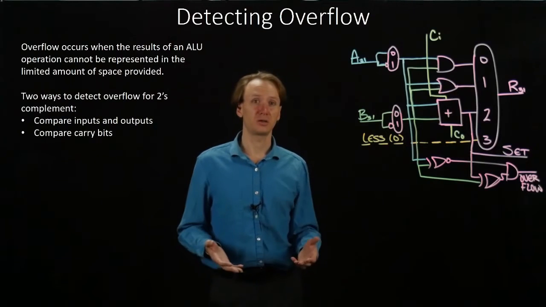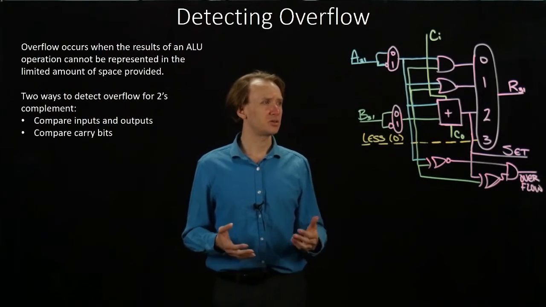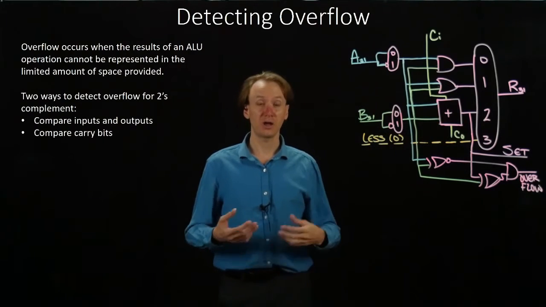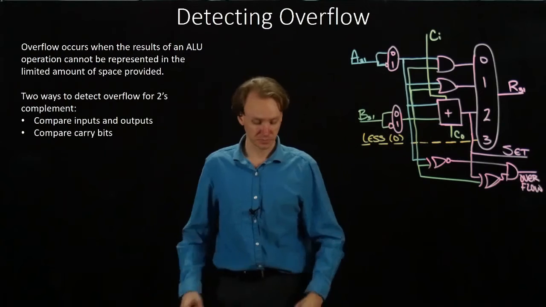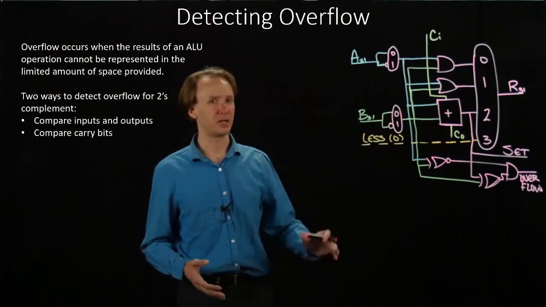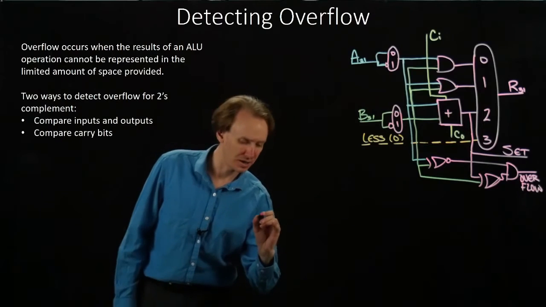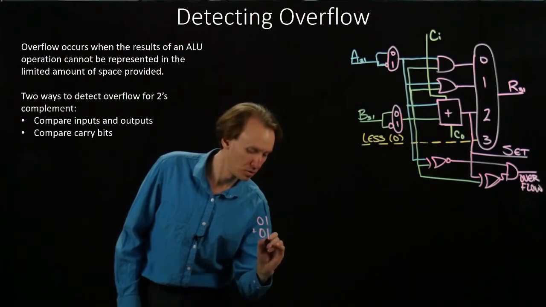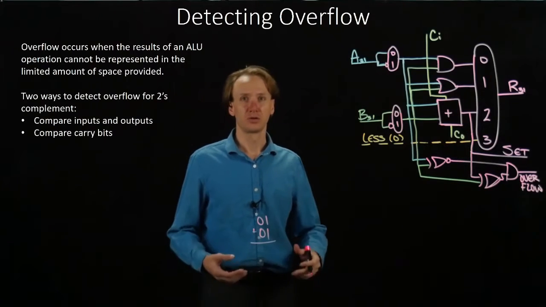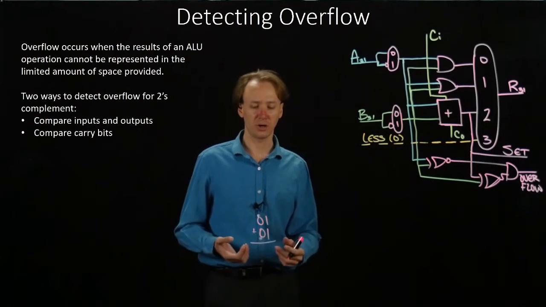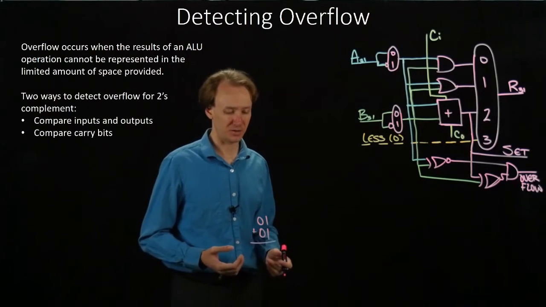But there's another way I could do this as well. It turns out that the carry bits for this ALU are also really, really interesting. As a really simple example, let's consider adding 1 1 and 0 1. We have two 2-bit numbers. We'll say they're in 2's complement. I'd like to add these together.